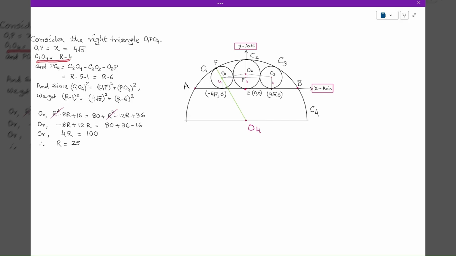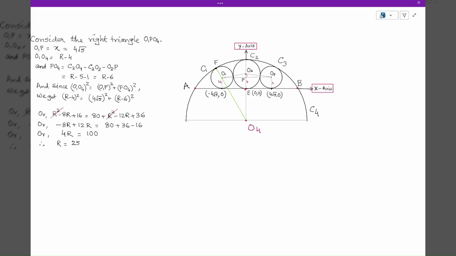O1O4 is R minus 4, we have found out, which is this. And PO4 is equal to C2O4 minus C2O2 minus O2P, that is R minus 5 minus 1, which is R minus 6.